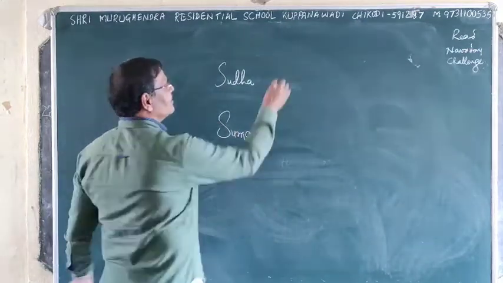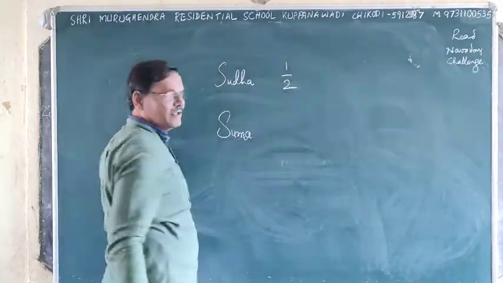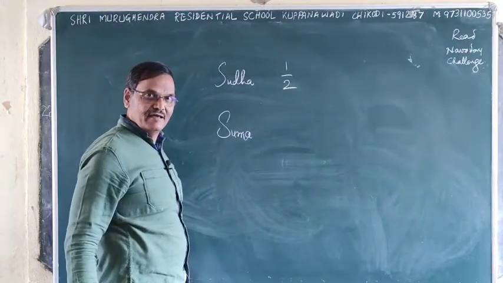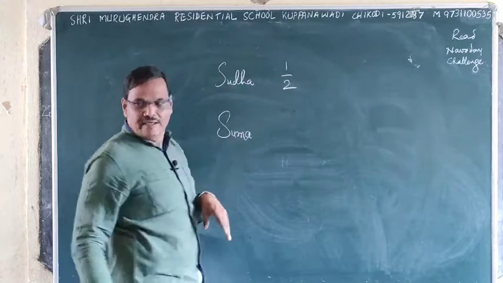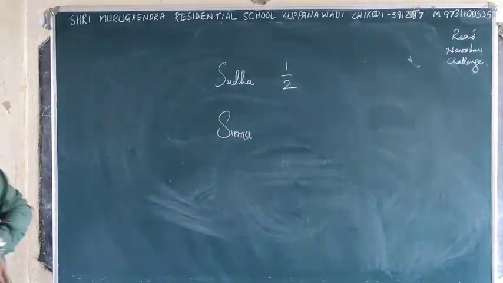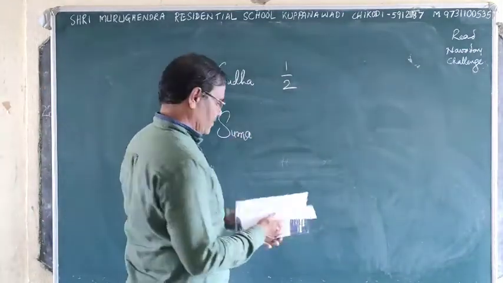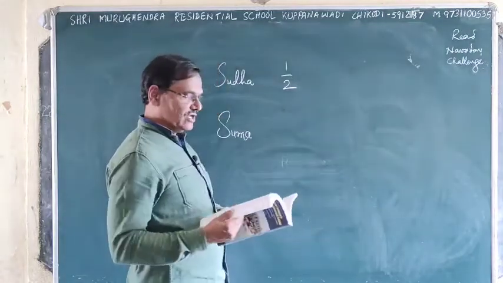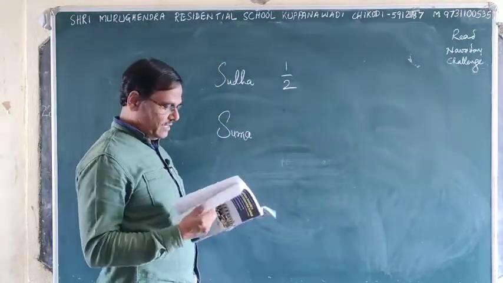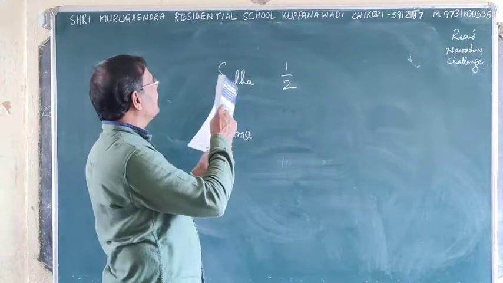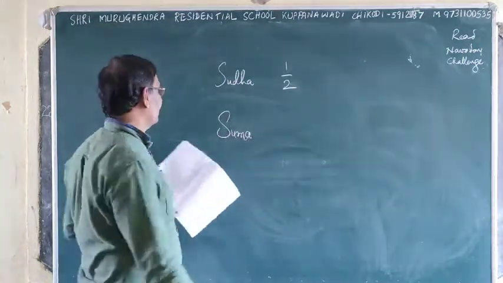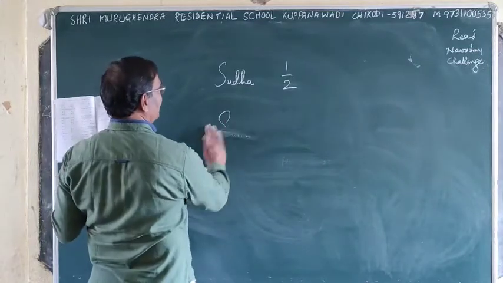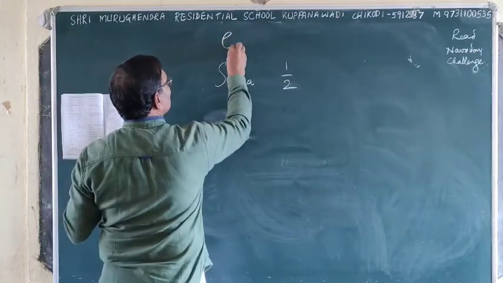Suma walked 1 by 2 kilometer, whereas Sudha walked 1 by 2 kilometer. Here in our Navodaya challenge book, the same I am giving you. English medium Navodaya challenge book is there. You can study. Here Geeta and Sudha are given.